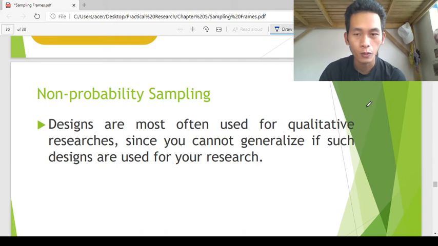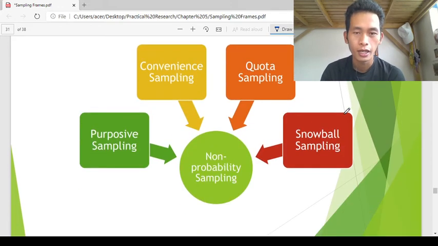Non-probability sampling designs are most often used for qualitative researches, since you cannot generalize if such designs are used for your research. Types of non-probability sampling include purposive sampling, convenience sampling, quota sampling, and snowball sampling.